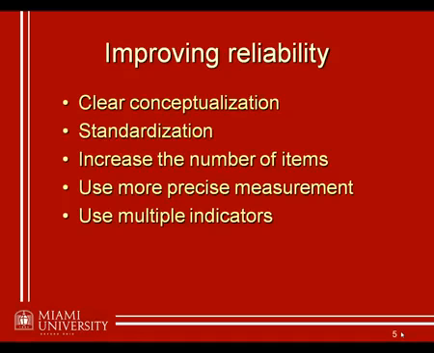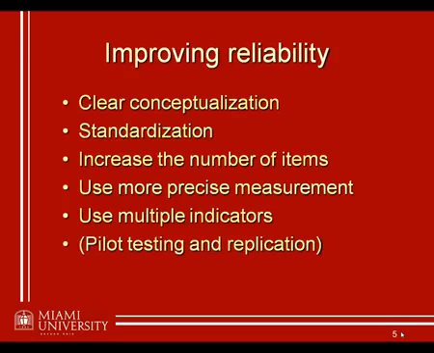So by combining multiple different indicators of the same construct, then we increase the reliability and consistency as well, because chances are, even if one of them might be a little bit off, that by using multiple indicators, we're ultimately coming up with a more reliable, a more consistent measurement.